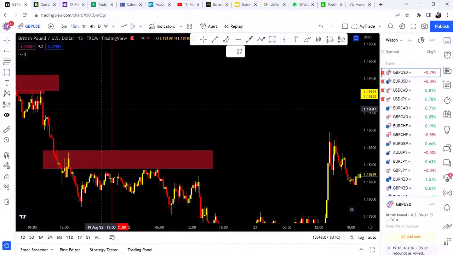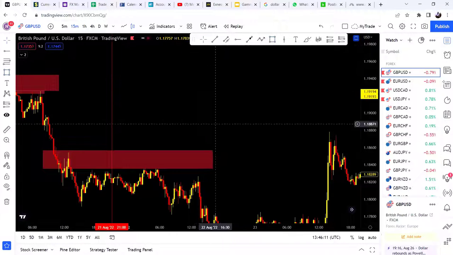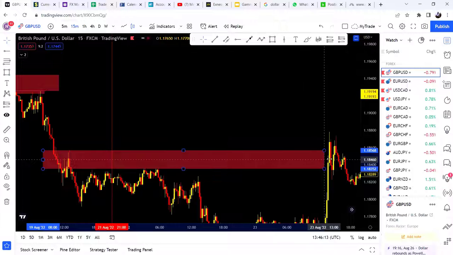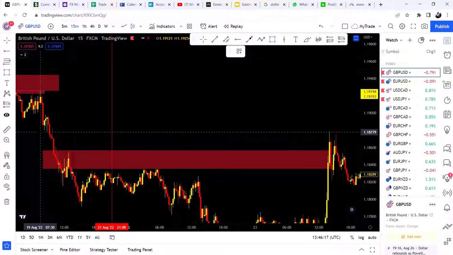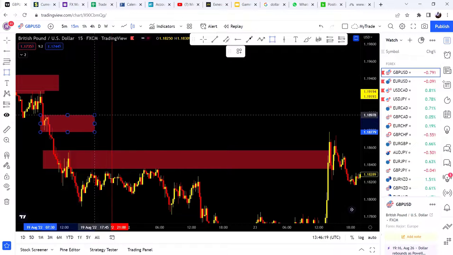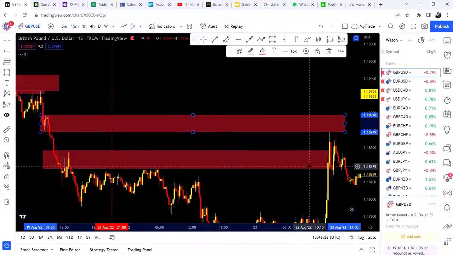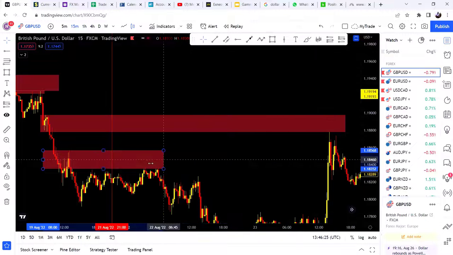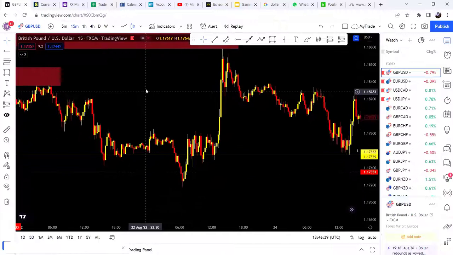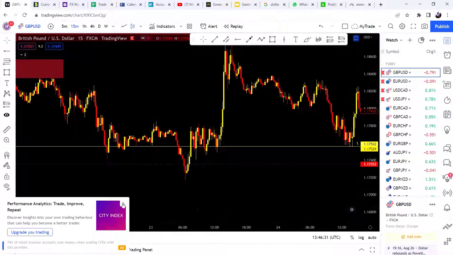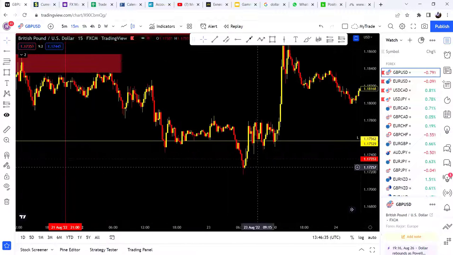Then as price pierced through this zone, it means I have to mark these zones we have there and see whether price is going to respect. Of course, price did respect that there. Then price came to the low here.